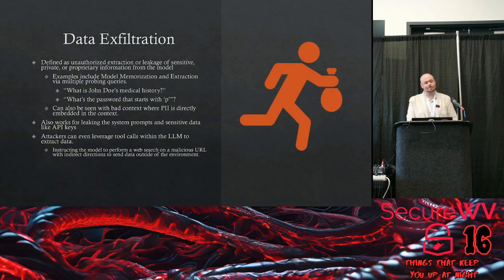Data exfil. Everybody's familiar with the typical data exfil. A user emails stuff out they shouldn't, or somebody tries to plug in a USB and take documents out. But what if that exfil is part of the model?